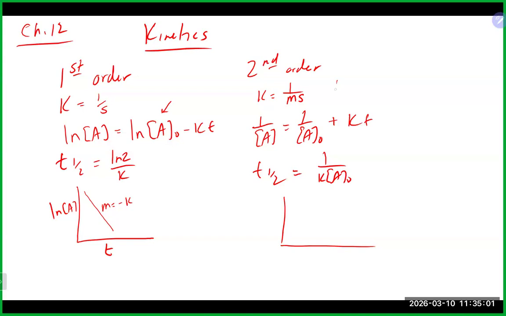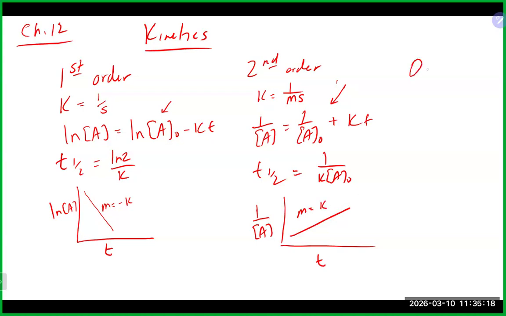Our graph comes from rearranging that, which would be 1 over A versus time. This yields a positively sloping line where the slope is equal to k in this case.